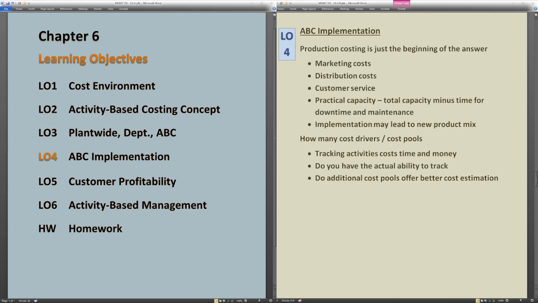So another question is, you may want to track something, but you may not have the ability. A lot of times there are things where you have to come up with new methods or you have to change your whole process just to be able to track something that you think is important. So just realize that these are additional parts of implementing activity-based costing and making the decision about how many cost pools and cost drivers you want to use.